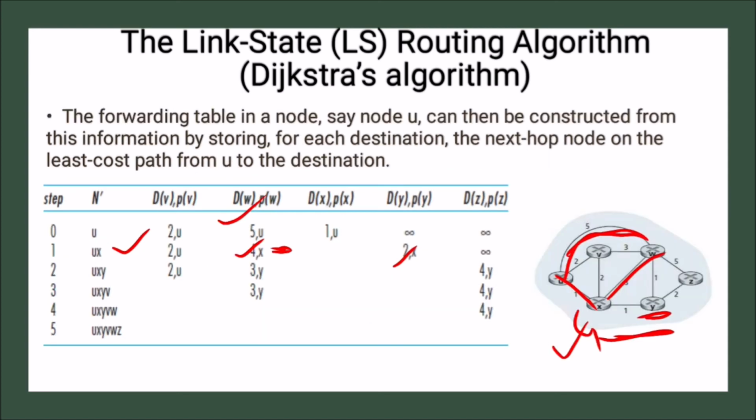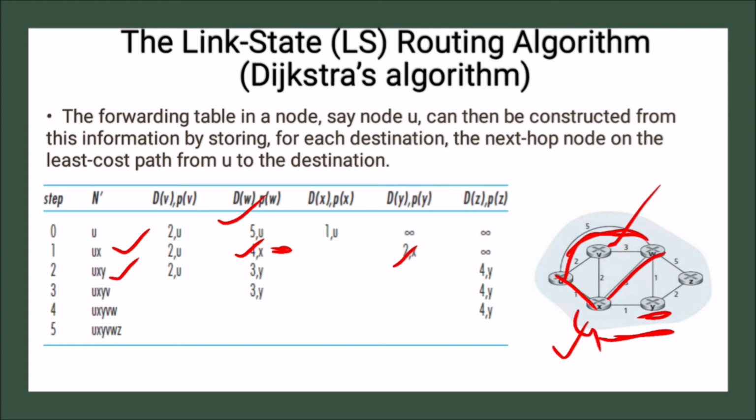So the minimum path is 2, which is the same for Y, and the other path is V. So from V and Y we select Y. Now it becomes U, X, Y.